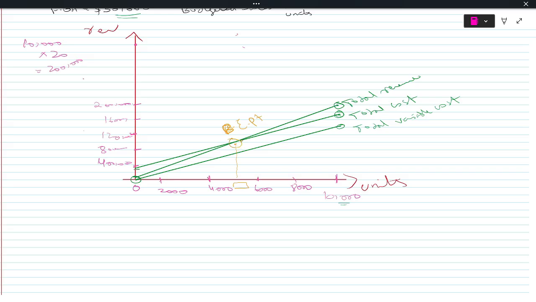And then, like we discussed previously, the area above the break-even is your profit, and this area over here is your loss. Profit, loss, okay?